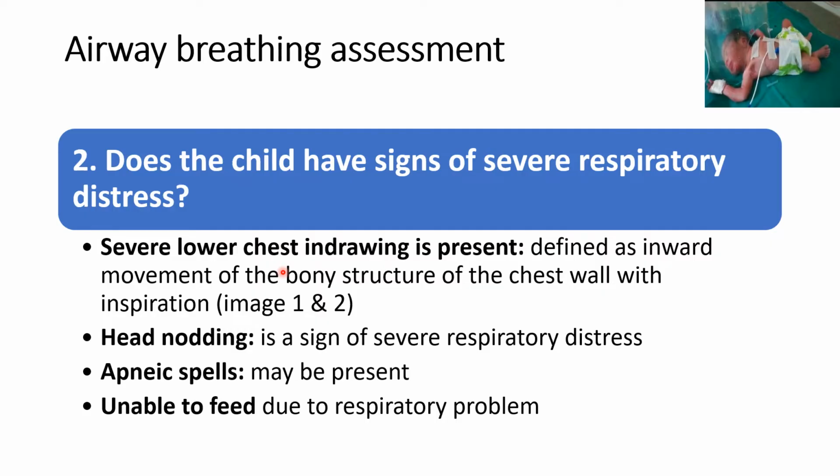And in severe lower chest in drawing, there will be inward movement of the bony structure of the chest wall during inspiration. This is characteristically labeled as paradoxical respiration. I will show you in the next video. Head nodding is also a sign of severe respiratory distress. In the severe category, an apneic spell may be present and the child will not accept feeds because of the severe distress.